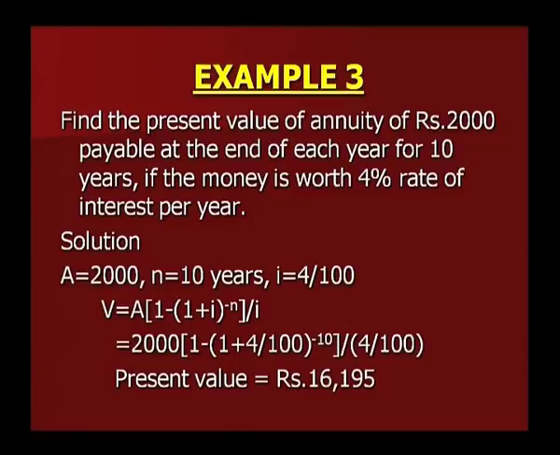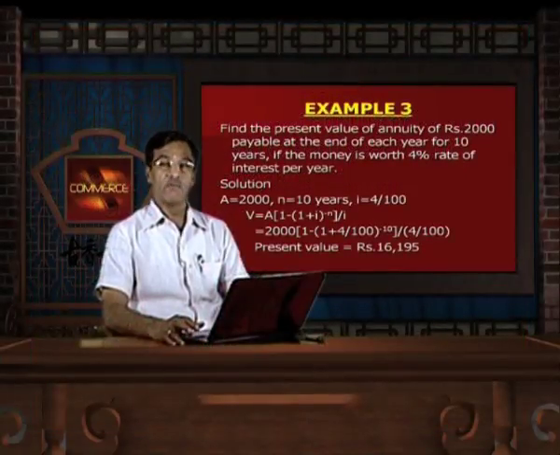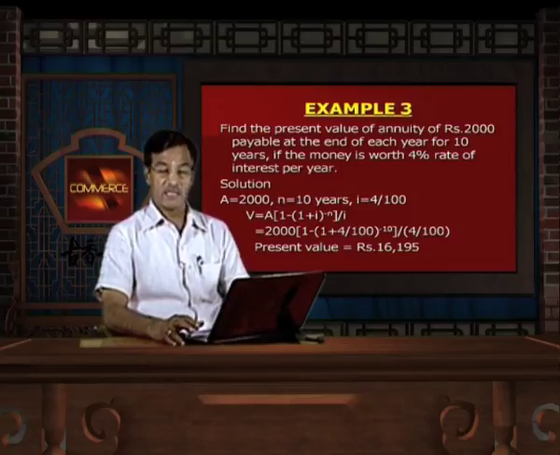Therefore, V is equal to A [1 minus (1 plus i) to the power minus n] whole divided by i, equal to 2000 multiplied by [1 minus (1 plus 4 upon 100) to the power minus 10] whole divided by 4 upon 100. Therefore, its calculated value is 16195. Here we have calculated the present value of an annuity of rupees 2000 for 10 years at the 4% rate of interest, and it amounts to rupees 16,195.